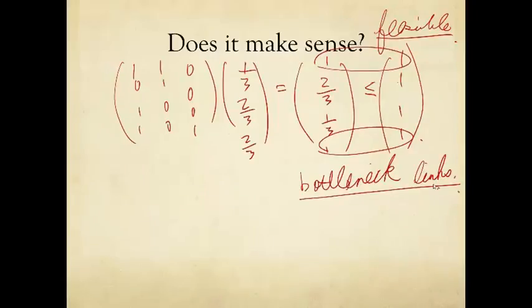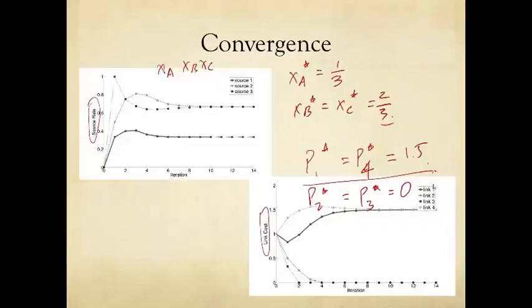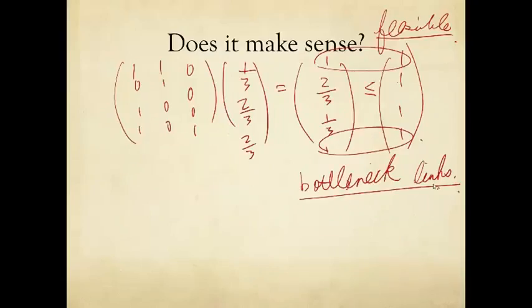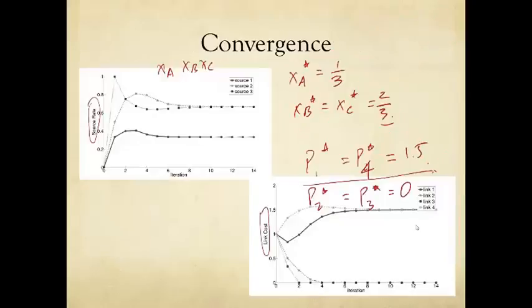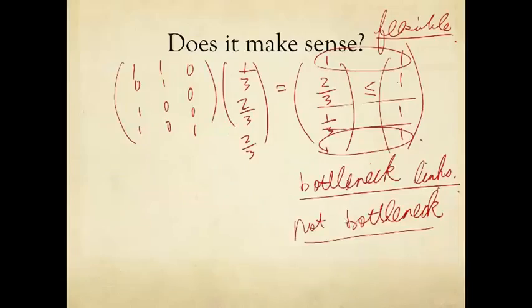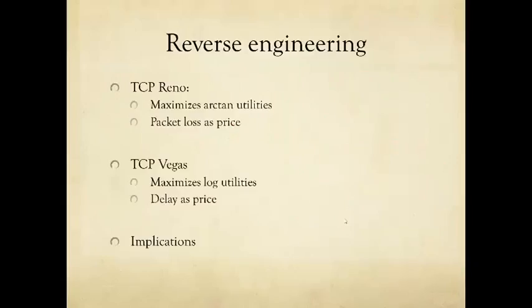Conversely, if the links are not bottleneck links, for example links 2 and 3, they are slack. You are not even fully utilizing the given capacities. They did not give you a reason to stop adding rates to the sources. Then the corresponding optimal prices must be 0. This is called the complementary slackness property.